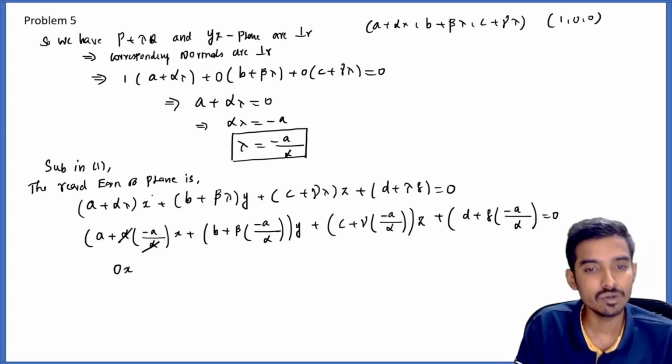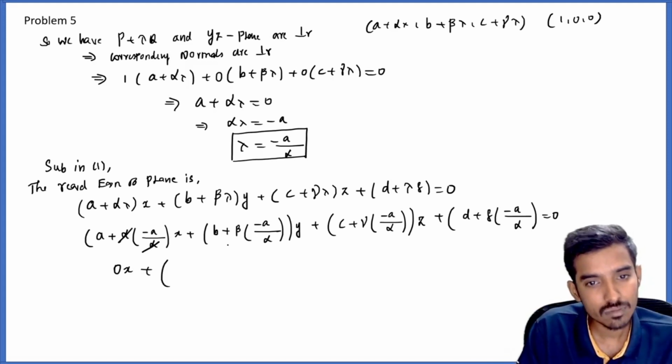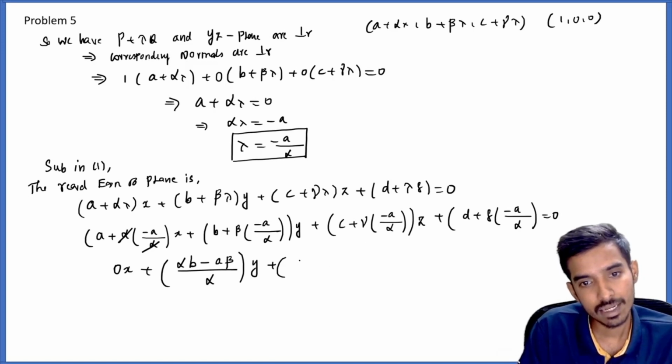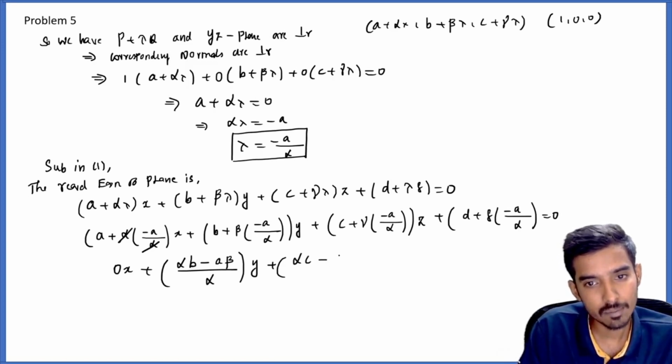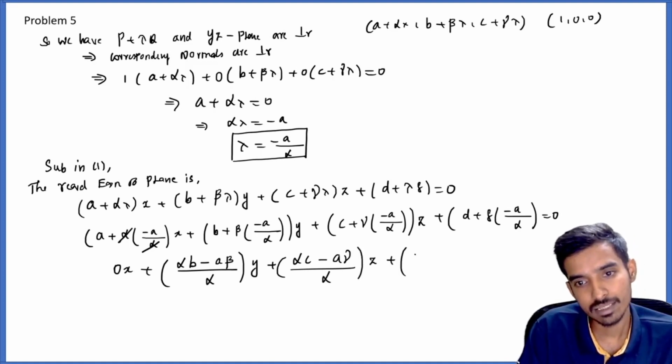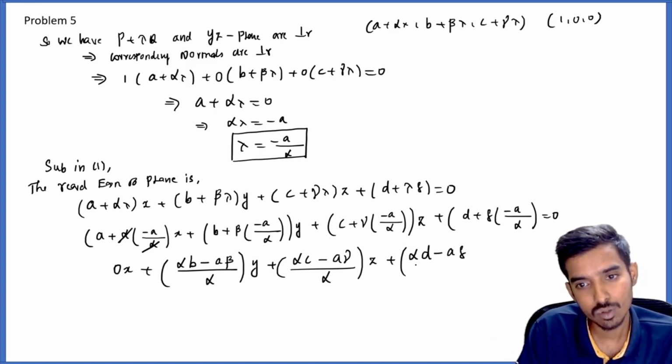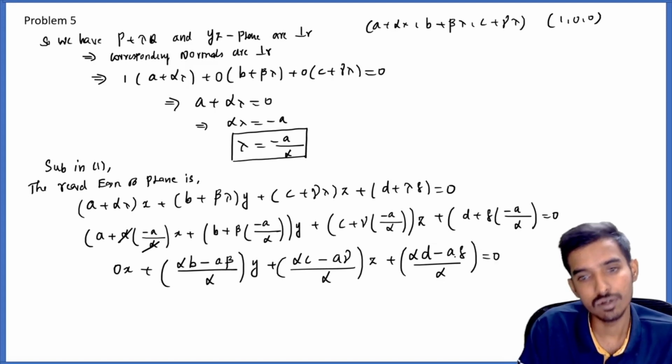A minus a is 0 plus, here we have alpha b minus a beta divided by alpha into y plus alpha c minus a gamma divided by alpha into z. And multiply this, we will have d: alpha d minus a delta divided by alpha is equal to 0.